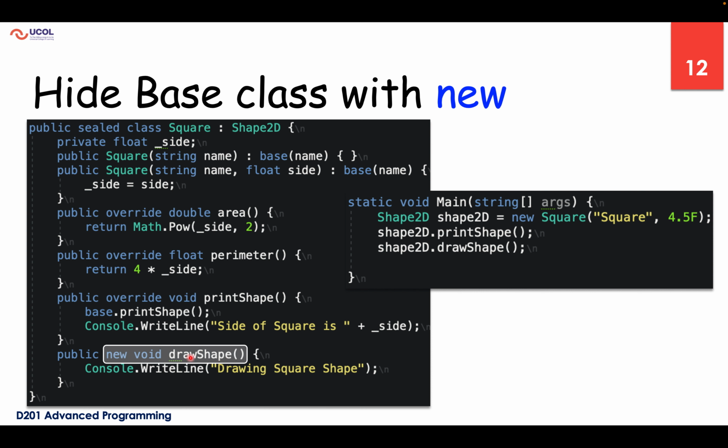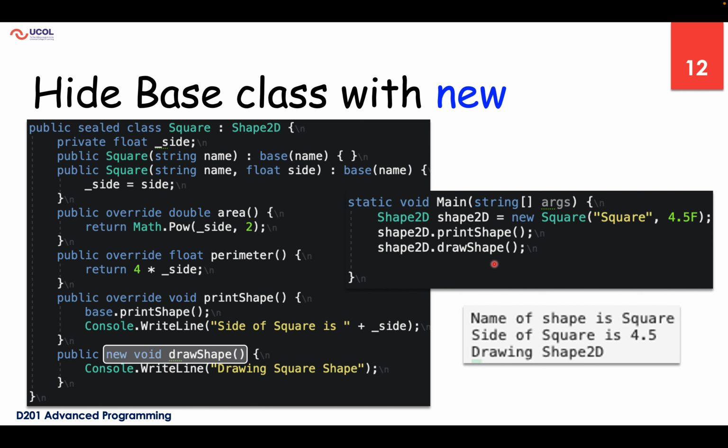So it is considered a new method which has been defined in the child class with the same name as the draw shape method in the parent class. So now, instead of calling the child's draw shape method, it will call the parent class or base class draw shape method.